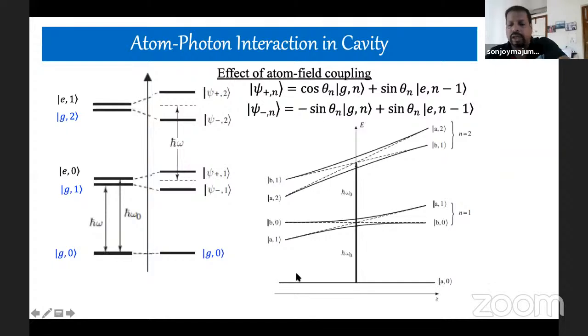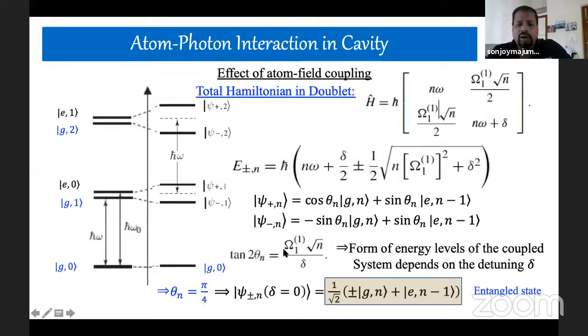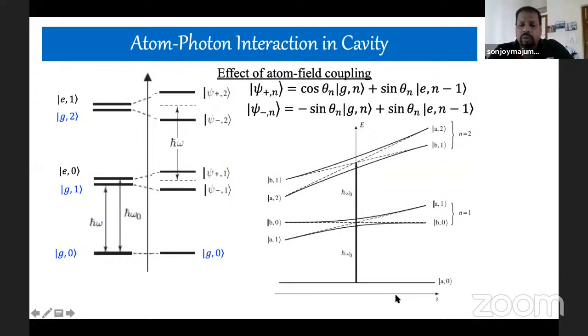If you remember the expression, for a large value of delta this term will be 0 and theta n will be 0, and you'll be able to separate them out as either Gn or En minus 1. So whether delta is very large on the positive side or the negative side, you get separation between these two. But as you bring delta close to 0, the two states will be coupled, and they will be maximally entangled when delta is almost 0.